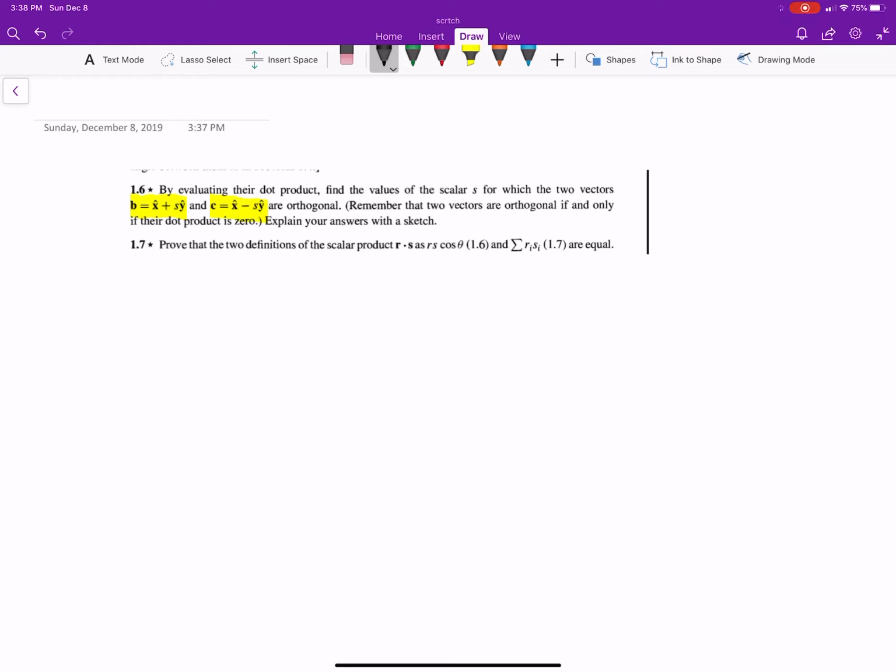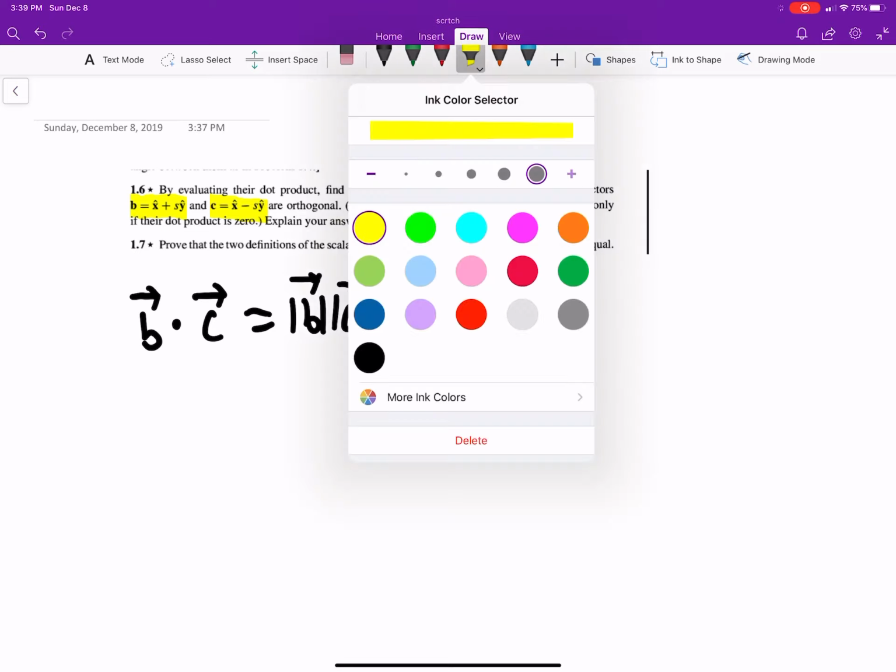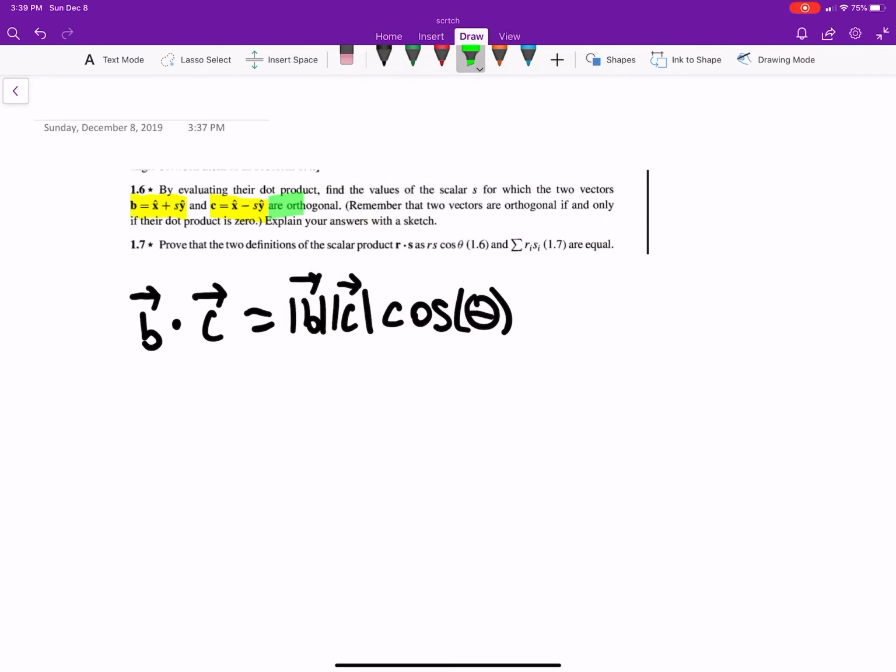Well, let's look at our dot product. That's vector b dotted with c, which is the magnitude of b times the magnitude of c times cosine of the angle between them. It mentions they're orthogonal, and if you don't know what orthogonal means, you can think of that as just being perpendicular.